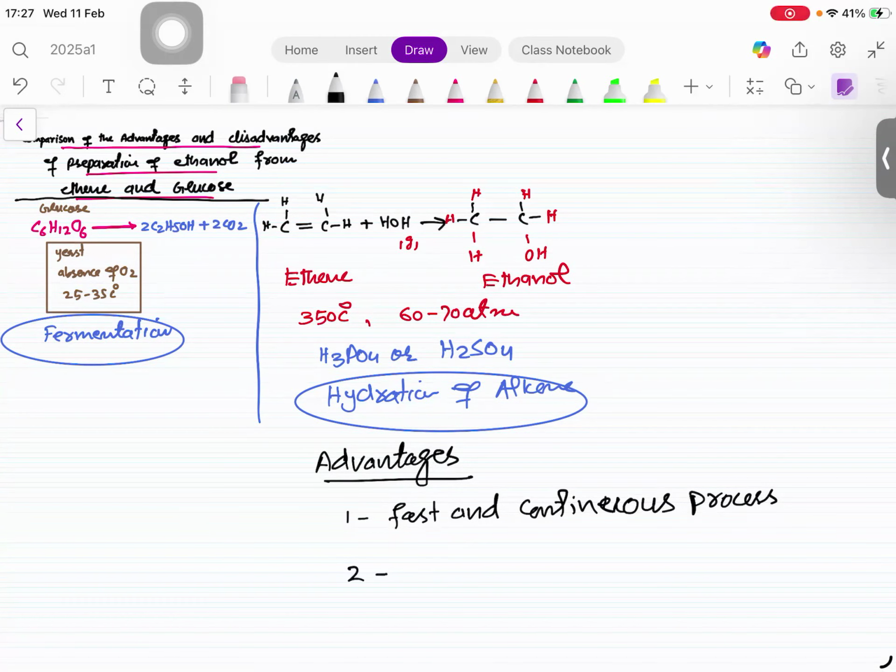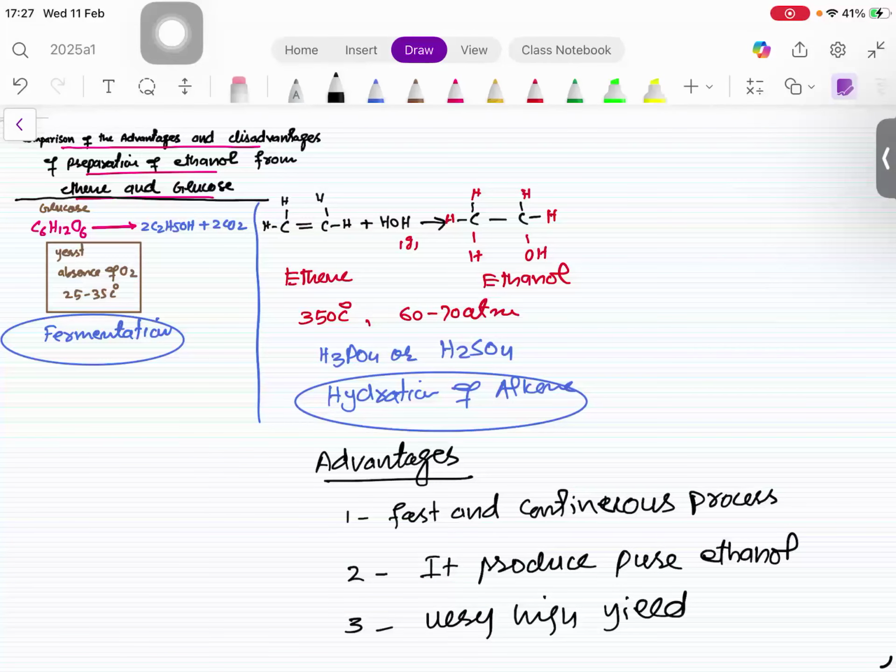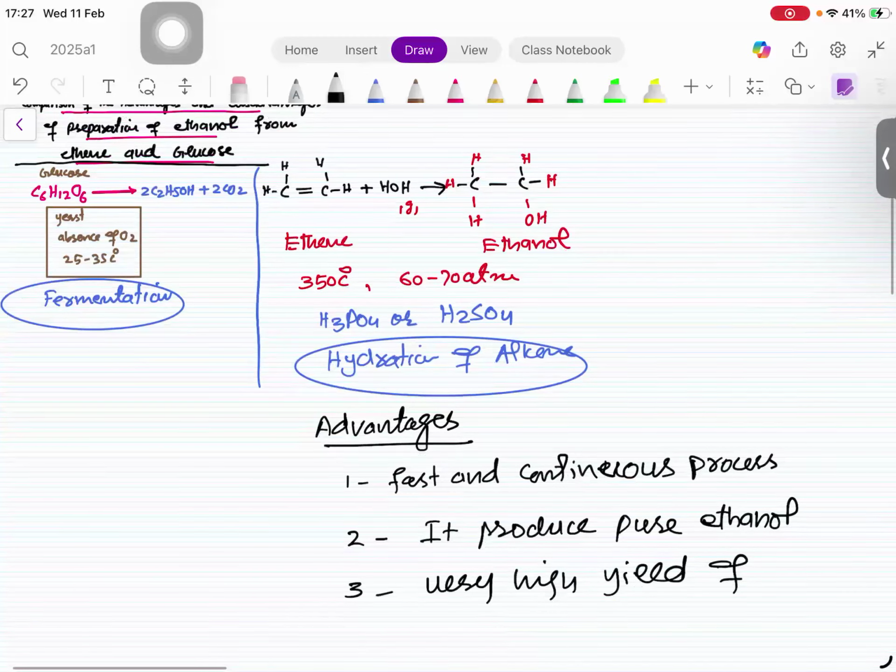Number two, it produces pure ethanol. Number three, very high yield. Yield means amount, the yield of ethanol produced by this method.